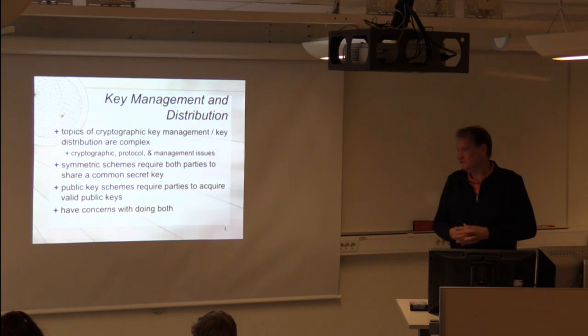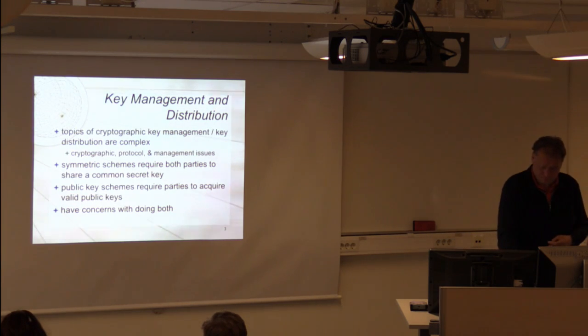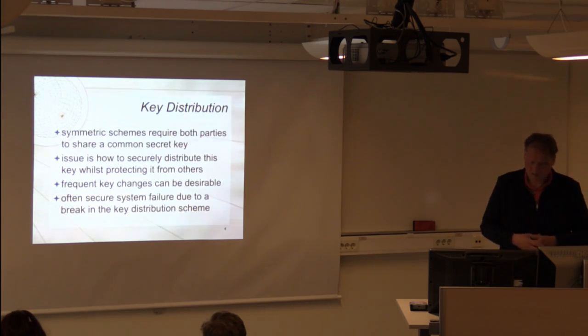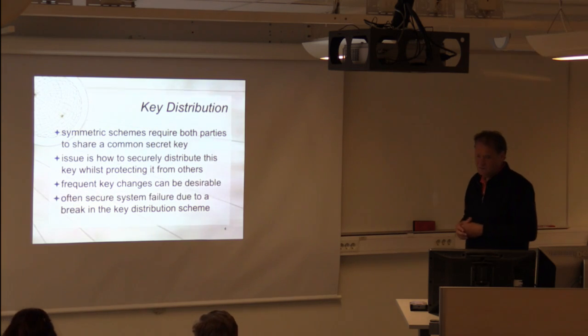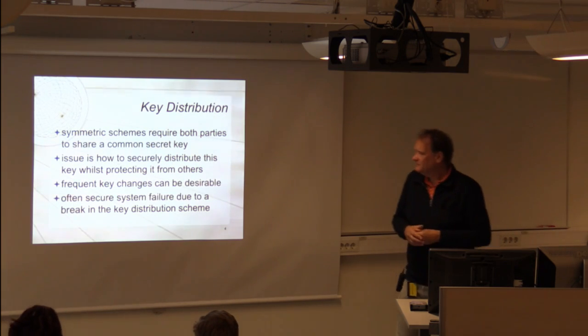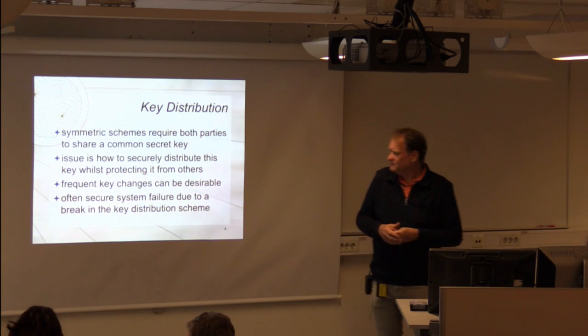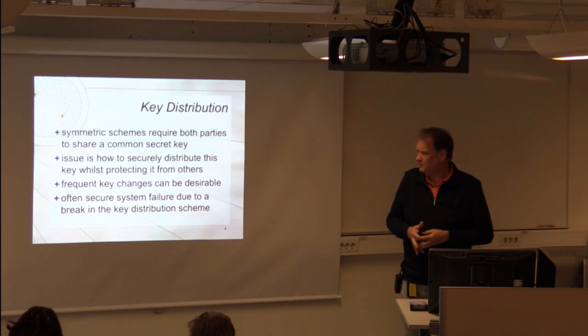And many different systems that we use actually use both symmetric and asymmetric encryption, so we need to be able to manage both types. With symmetric, it's the actual distribution that is the main problem.